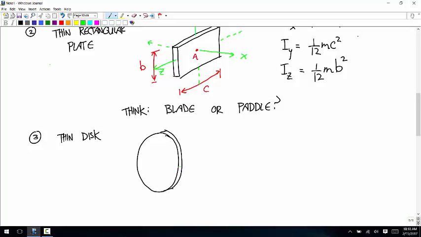So the x-axis goes out of the thin side. The z-axis goes straight out of the face of the disk. And the y-axis is perpendicular to those. And again, the about point is right in the middle.